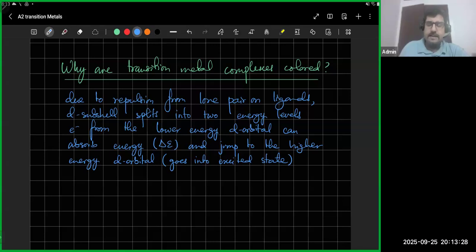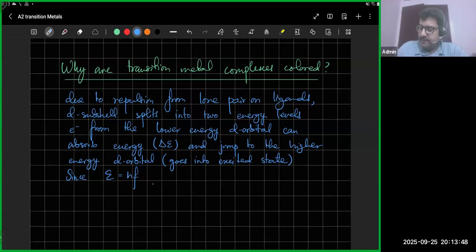The next thing that you're going to write is that this delta E, since energy is proportional to frequency, or you can write E is equal to hf, where h is just a constant. Remember, a higher energy means higher frequency, and a lower energy means lower frequency.